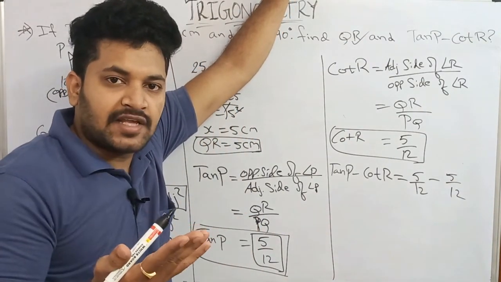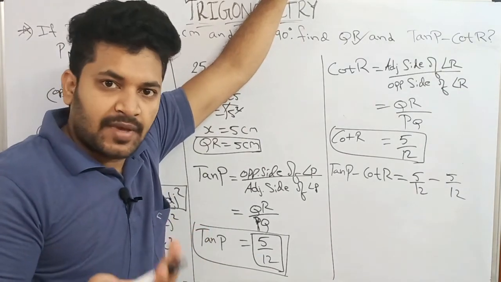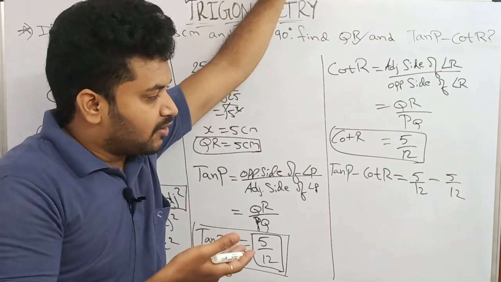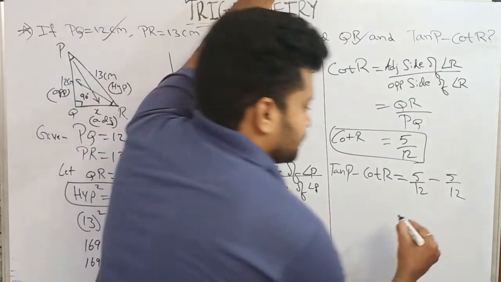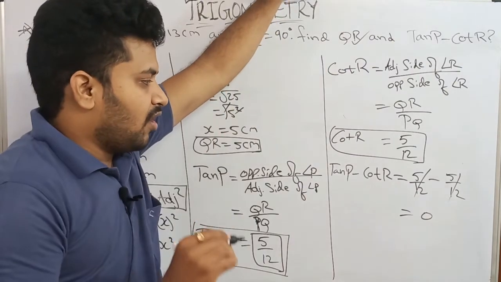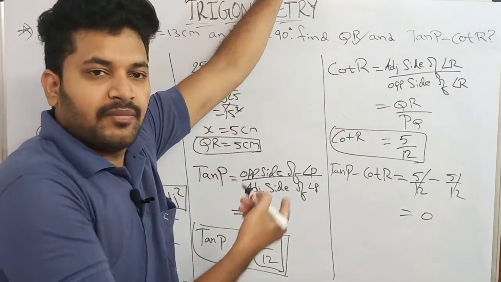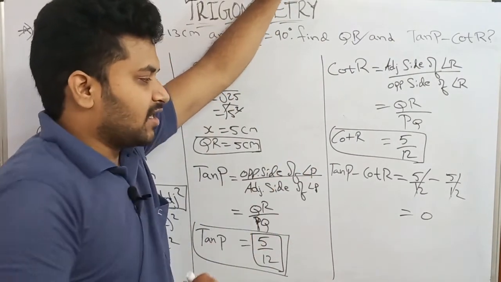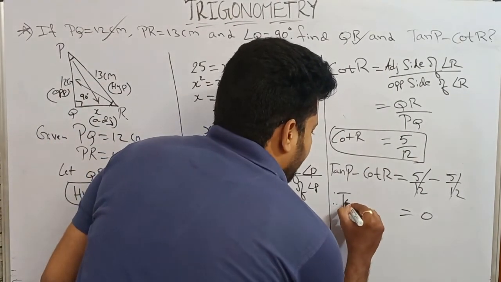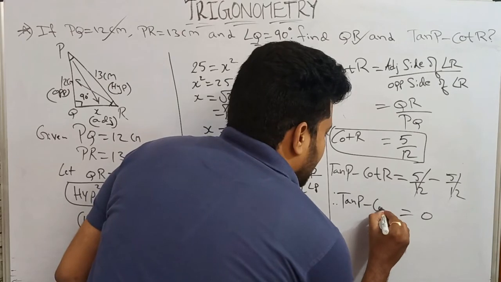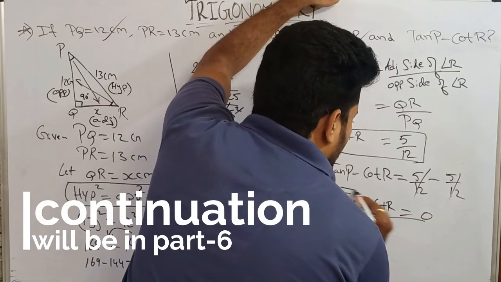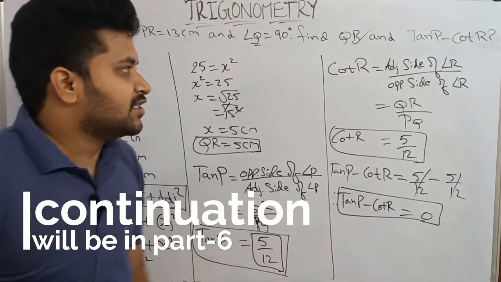If I ask 8 minus 8, what will you say? 0. 10 minus 10, 0. 1 by 2 minus 1 by 2, 0. 5 by 12 minus 5 by 12 is also 0. Either you can cancel like this, or you can do the LCM, but it is easy to cancel like this. So finally, tan P minus cot R is equal to 0.